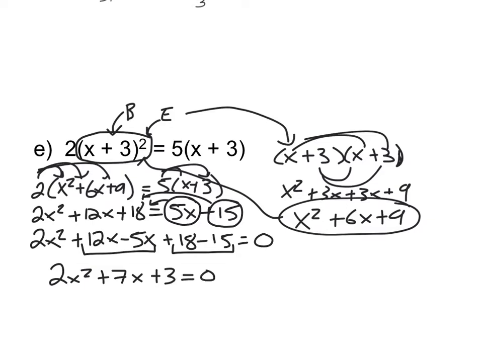And now we've arrived at a stage where we have our quadratic equation in standard form, and now we're going to have to actually start factoring. So for this one, I would try to take out a 2, doesn't work. Try to take out an x, doesn't work.